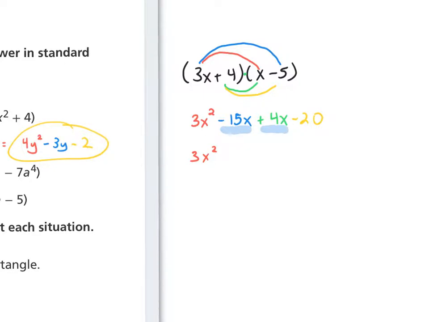So we end up with this one to be a negative 11x. Why? Because negative 15 plus 4 is negative 11. Or another way to say it is 15 minus 4, but keep the larger sign. And then the negative 20 is a constant, and it combines with nothing else. So here is this product written in standard form. I hope that helps.